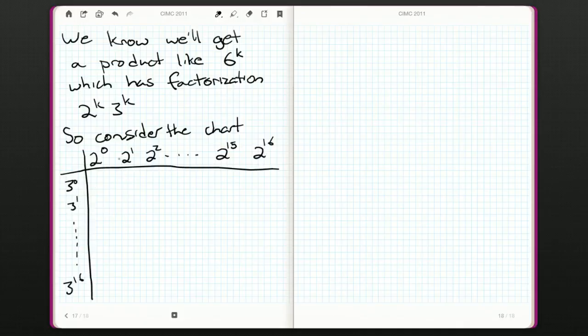So we'd have the 0th column, the 1st column, 2nd column, and so on. There'd be numbers all over the place. And we'd just multiply all the numbers in this sort of square table, and that would give us the 6 to the k that we're looking for.